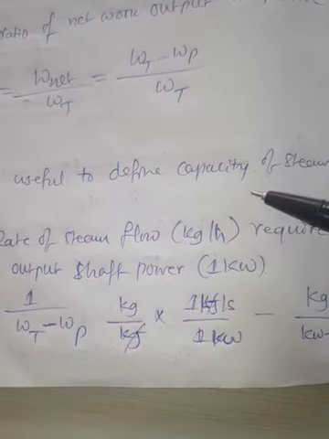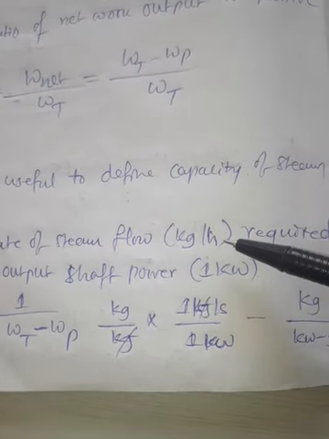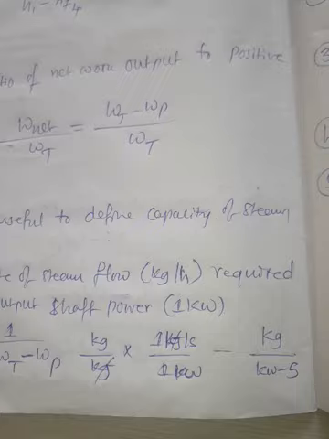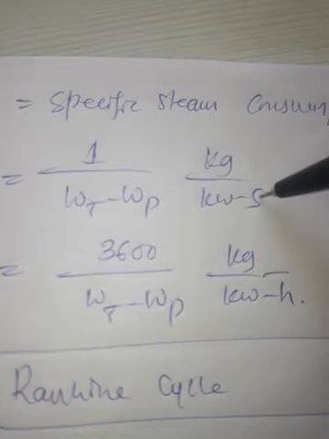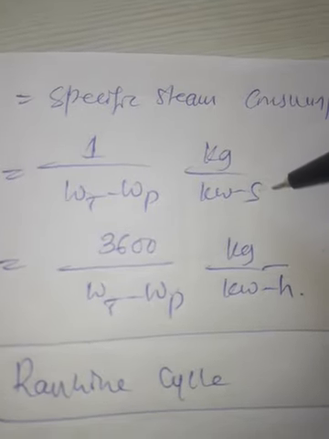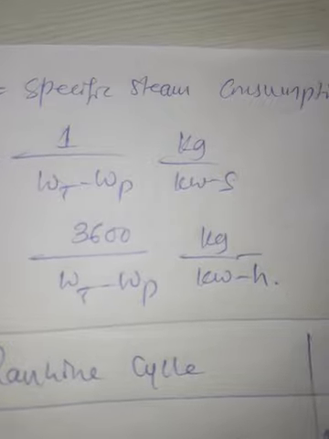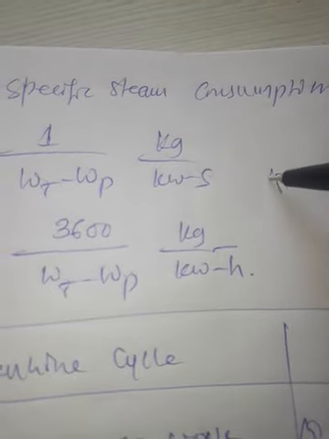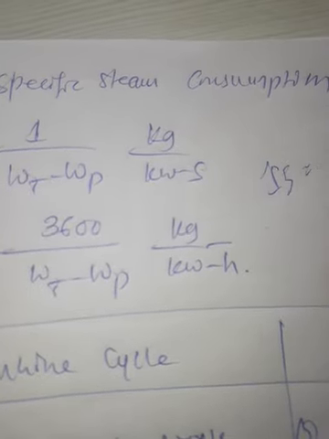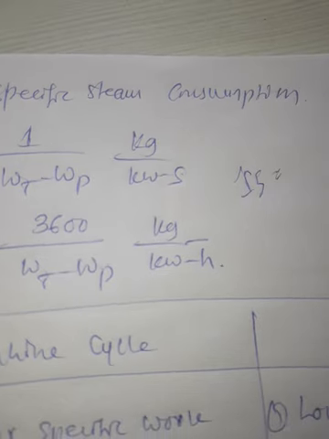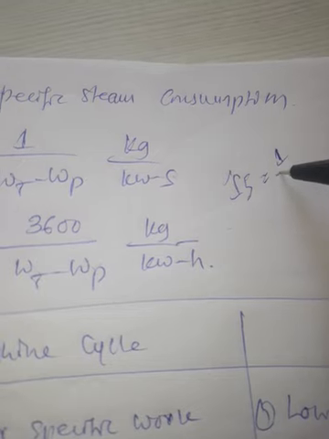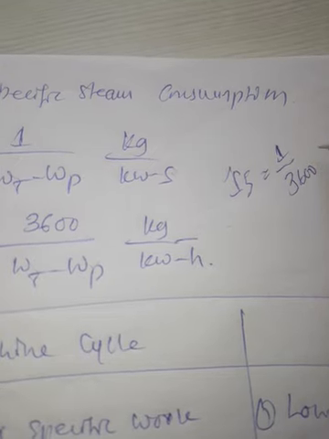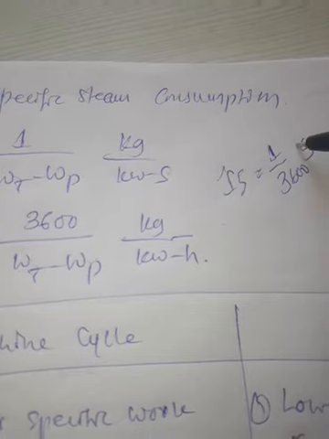But our definition says kg per hour. Then how do we convert this formula to kg per hour? The simple job is to replace second by hour. We know 1 second is equal to 1 divided by 3600 hour.